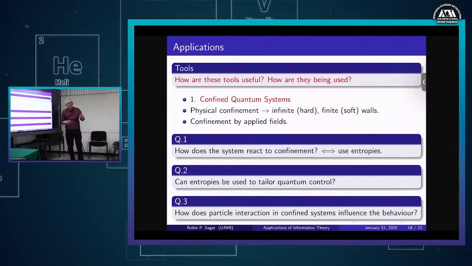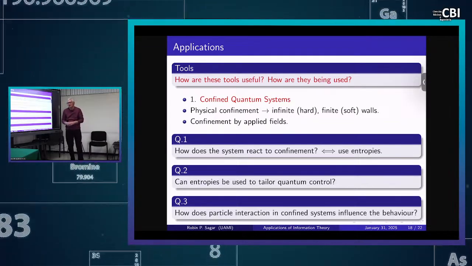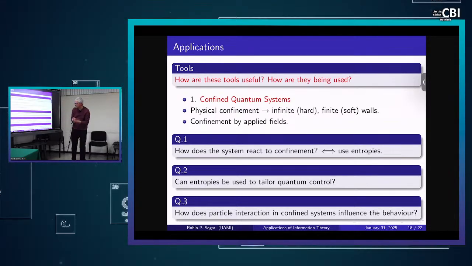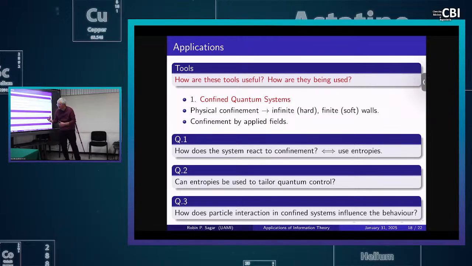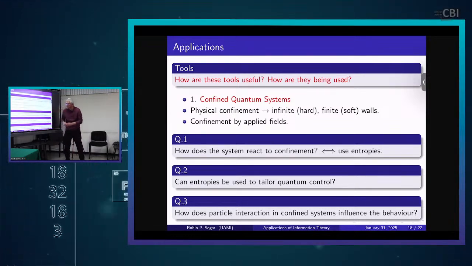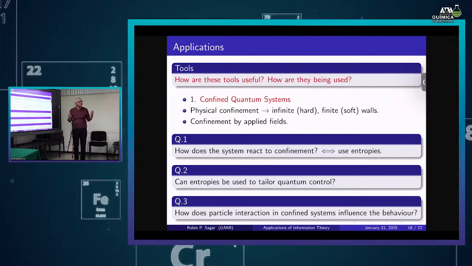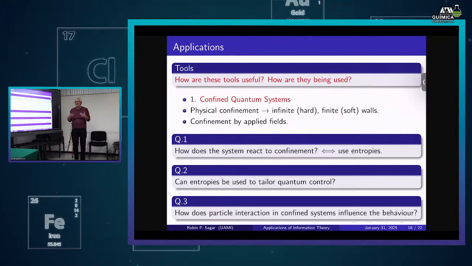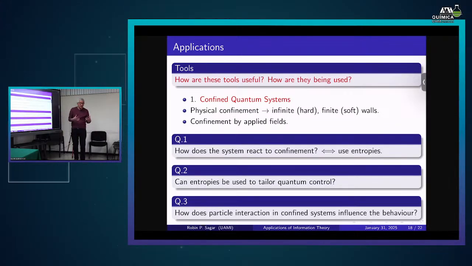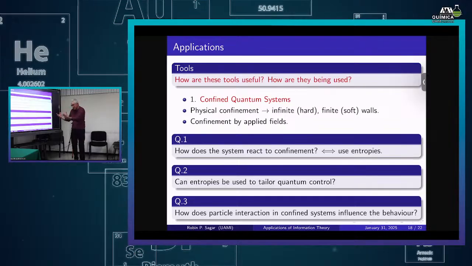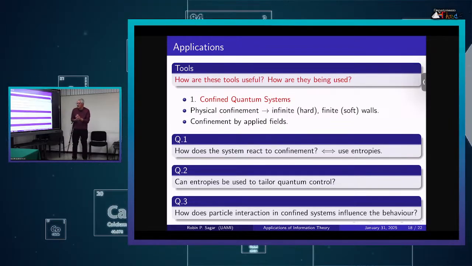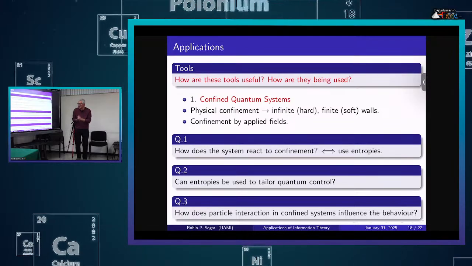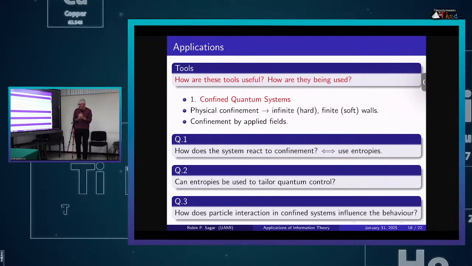Shannon entropy, Rényi, Tsallis. But a bigger question: can entropies be used to tailor quantum control? I don't know how, but it is just a question I'd like to propose. Third, how does particle interaction in confined systems influence the behavior?